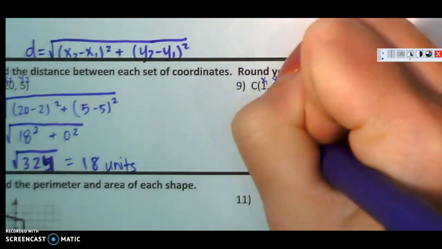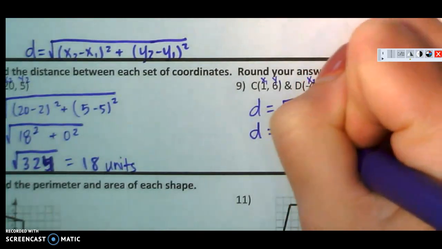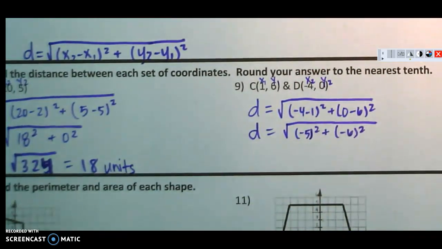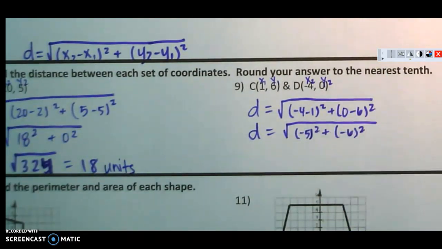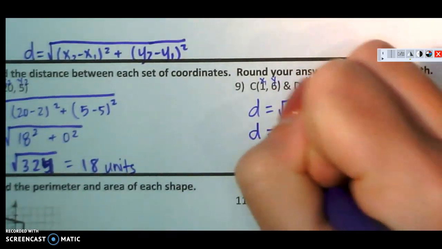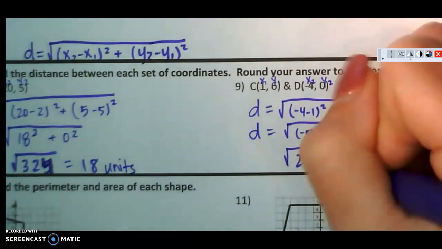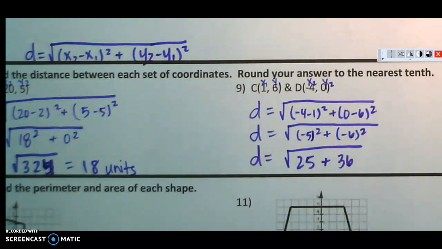That's going to simplify to give us -5 squared plus -6 squared. Now here's the deal. If you're squaring a negative, squaring just means to multiply it by itself. So -5 times -5 is going to be a positive 25. And a -6 times a -6 is going to be a positive 36.